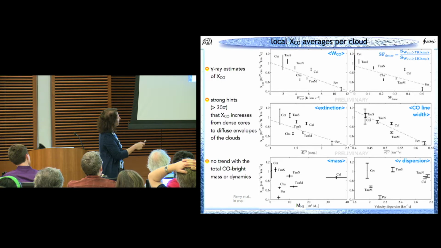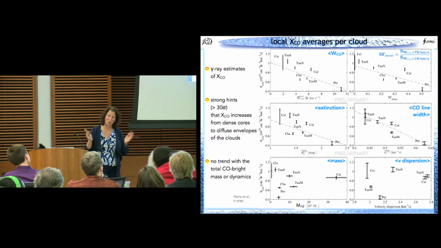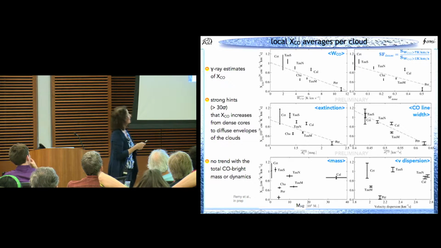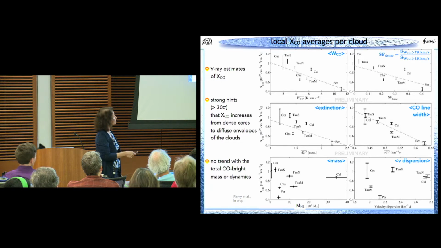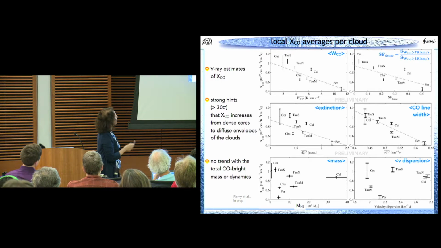And we find a trend that the average is driven by the fact that when you have large outskirts with large XCO ratios or more compact clouds with lower XCO ratios, then you have a decline. The total mass seen in CO doesn't count, nor the velocity dispersion in the cloud. Only the geometry, edges versus core CO, counts.